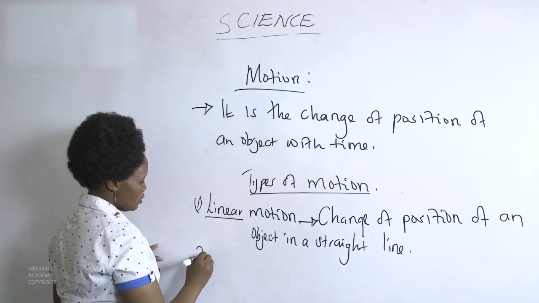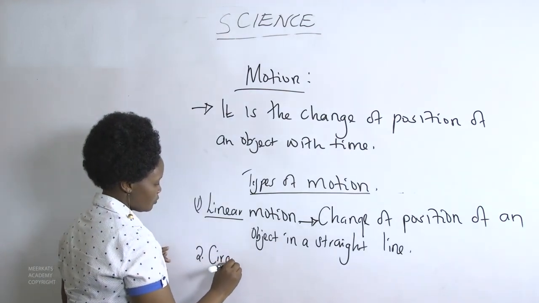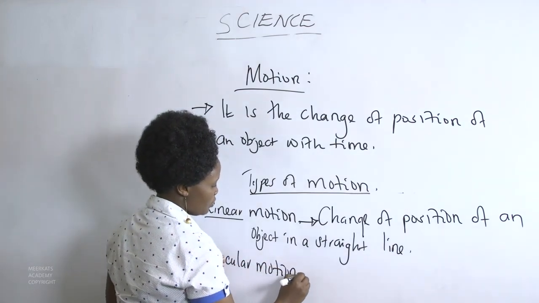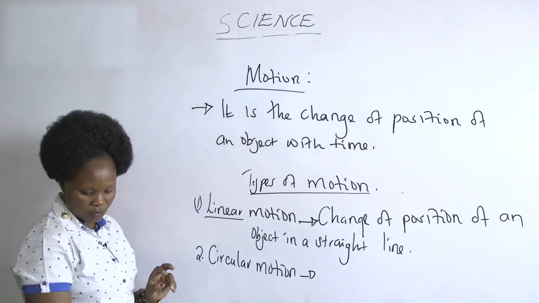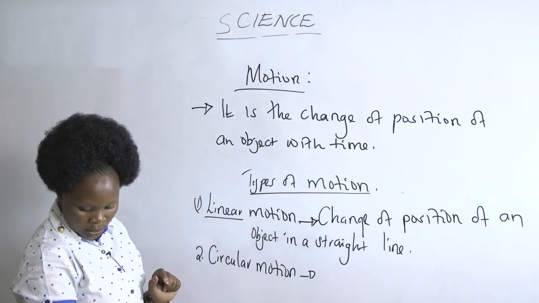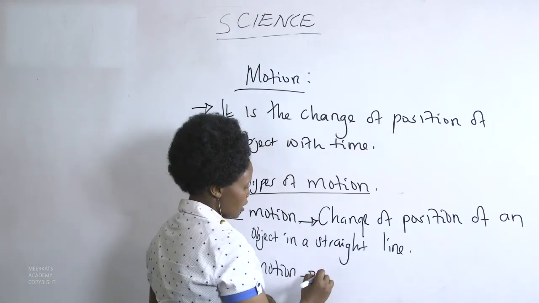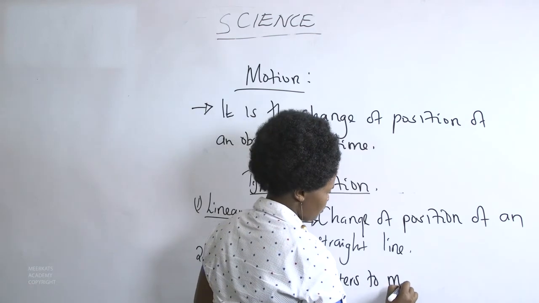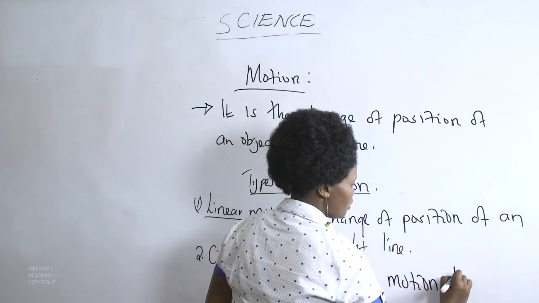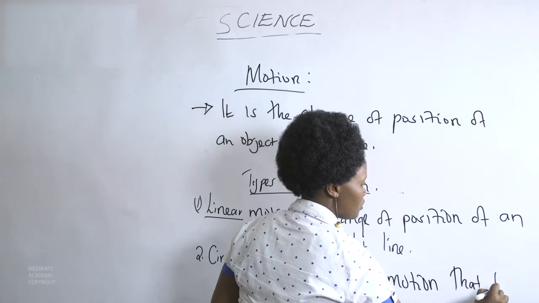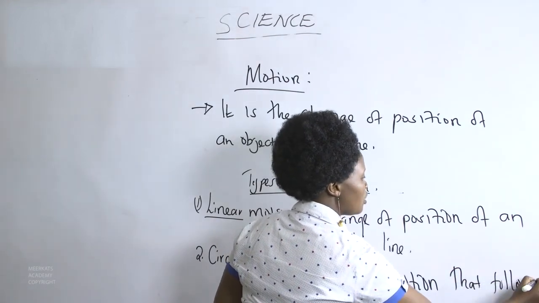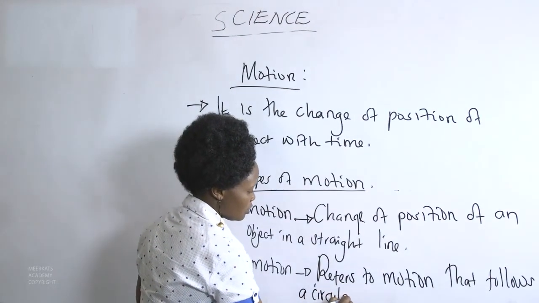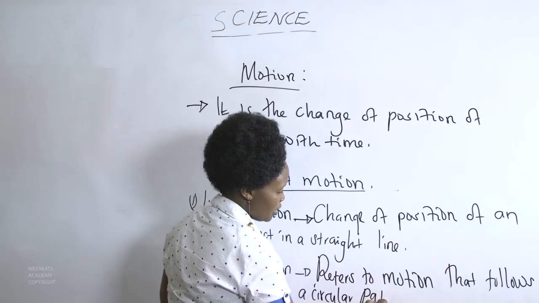How about circular motion? It is the second type of motion that we have, and this refers to motion that follows a circular path.